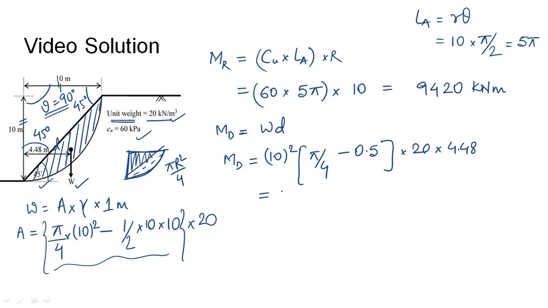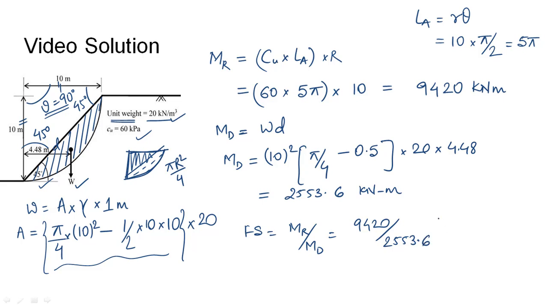This would give the displacement moment as 2553.6 kilonewtons meter. The factor of safety is given as the ratio of the resisting moment to the displacement moment, that will be 9420 by 2553.6. This value comes out to be around 3.68.